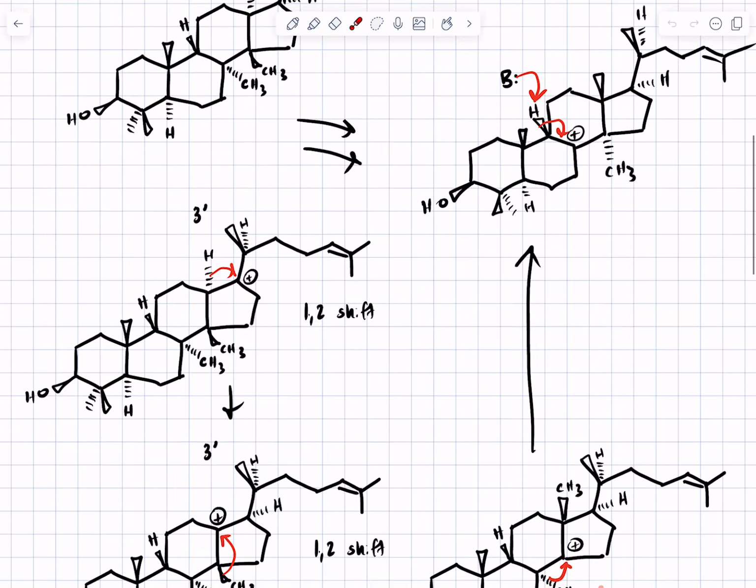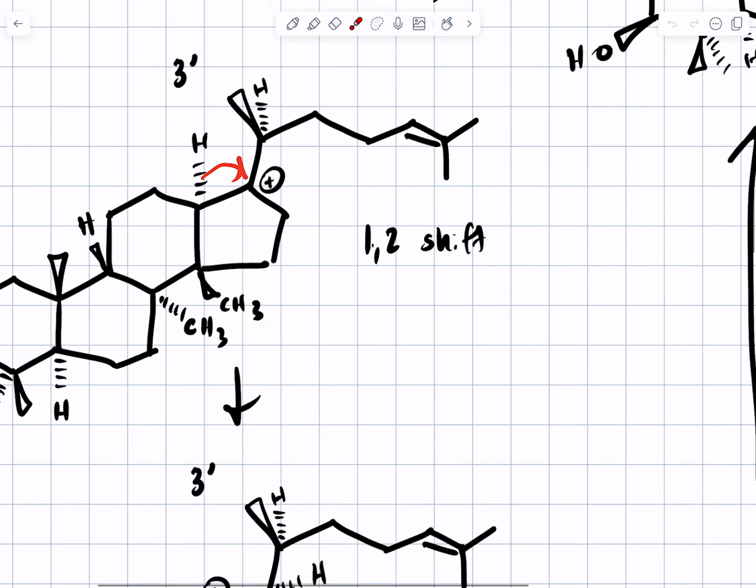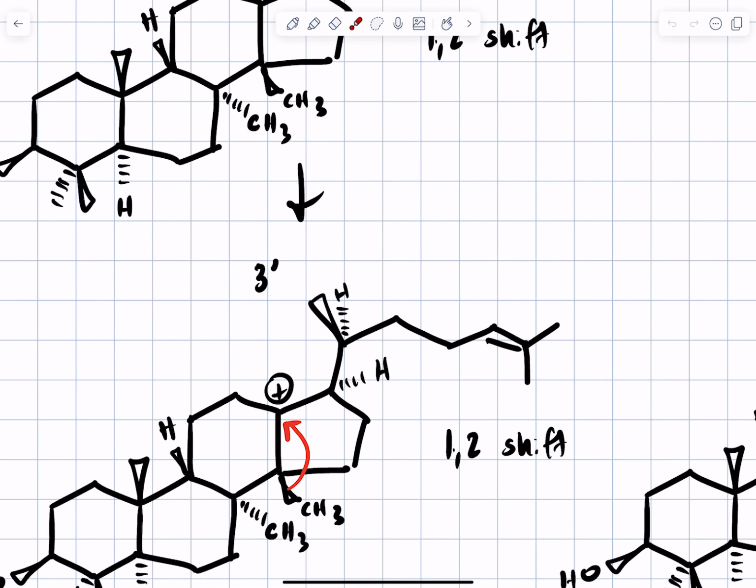There's a series of other 1,2 shifts here. This hydrogen, which is down, shifts over to the adjacent carbon, so the carbocation is now here.